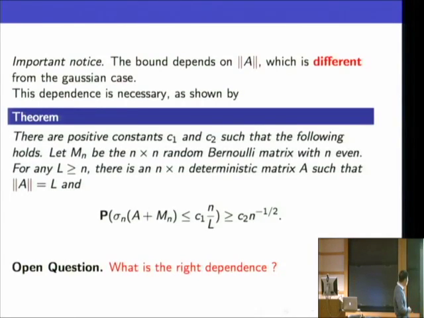I can take the norm of A to be L, think of it as polynomial, say n to the 100 or something. Then before we had an upper bound on the right hand side, but now we have a lower bound that doesn't go down with L.